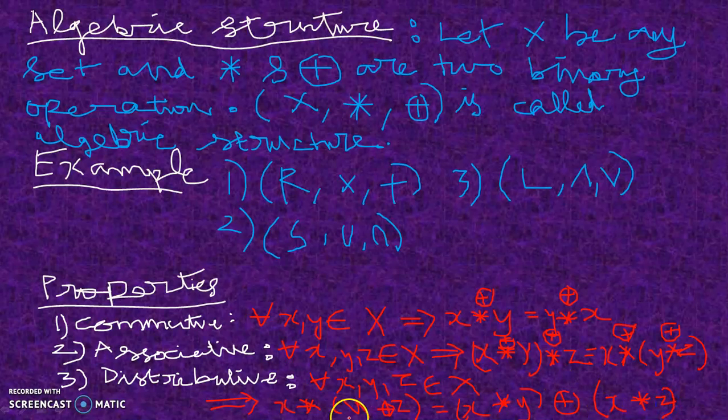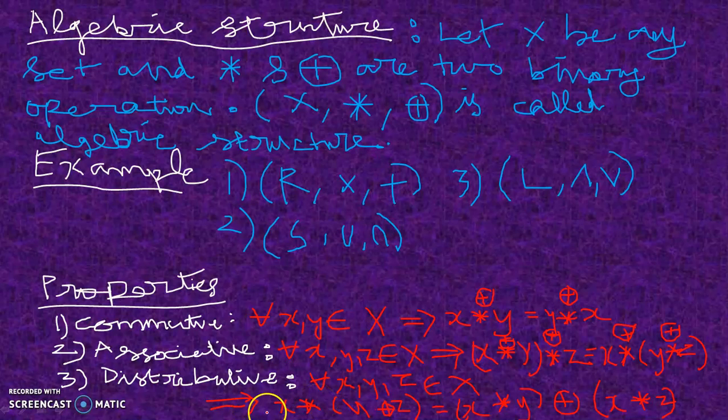Now the two operations are needed here for the distributive property. We can say that this binary operation over this binary operation is distributive. I mean x star (y round plus z) is equal to (x star y) round plus (x star z). Now look at this distribution. x is distributed over y with respect to star.